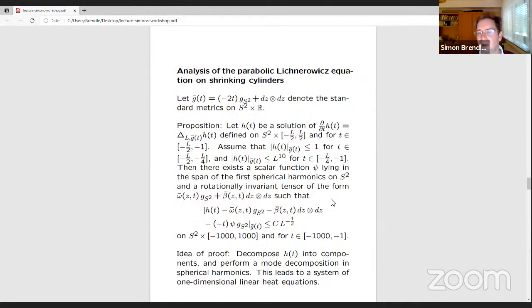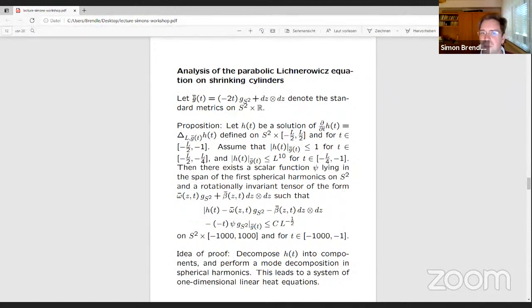Okay, so let's say we're on an exact neck. Then the background metric is given by g bar, this thing, where you have a cross-sectional S2, which shrinks at a certain rate as a function of time. And then there's this dz squared term, which gives you the metric in the axial direction.